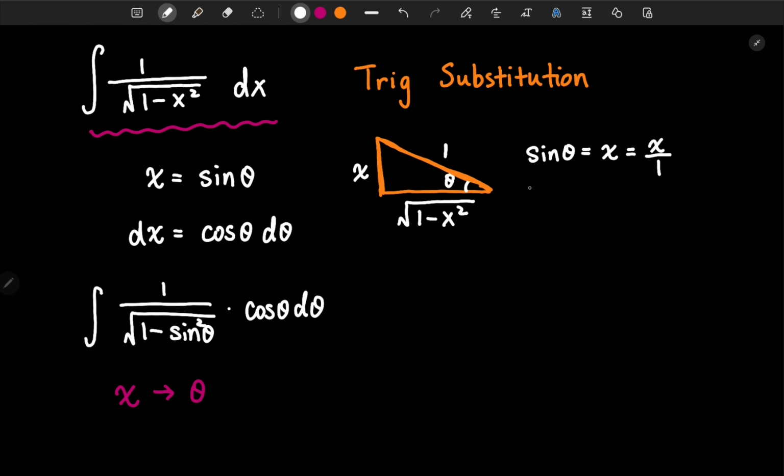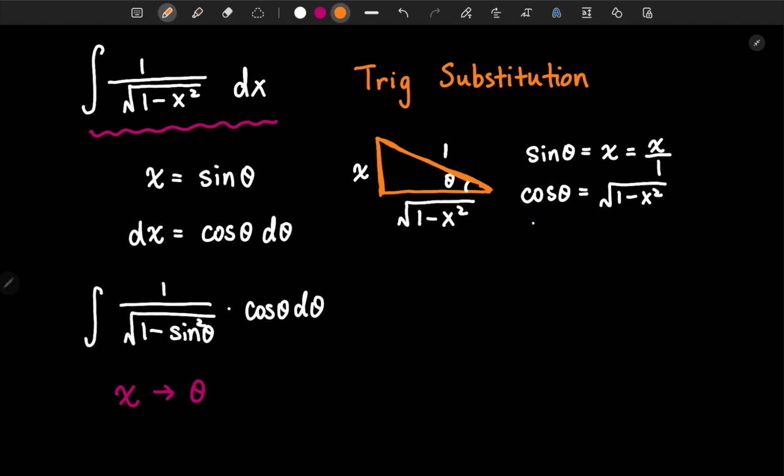Therefore, we also know the cosine of theta, which is the adjacent side divided by the hypotenuse, is the square root of 1 minus x squared divided by 1. And we can just erase the divided by 1 part.